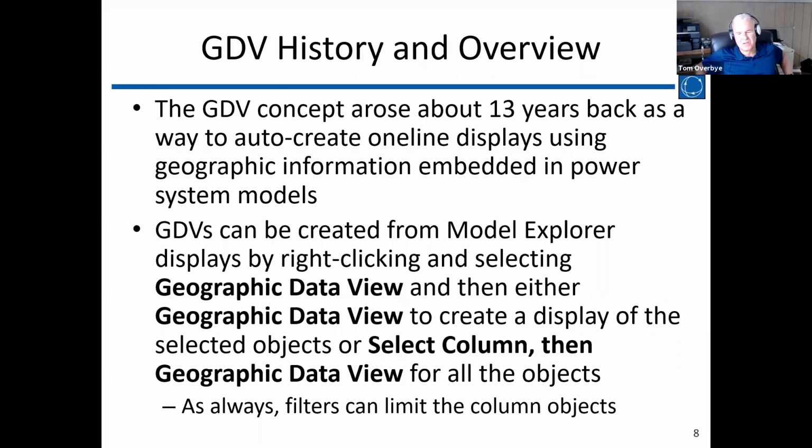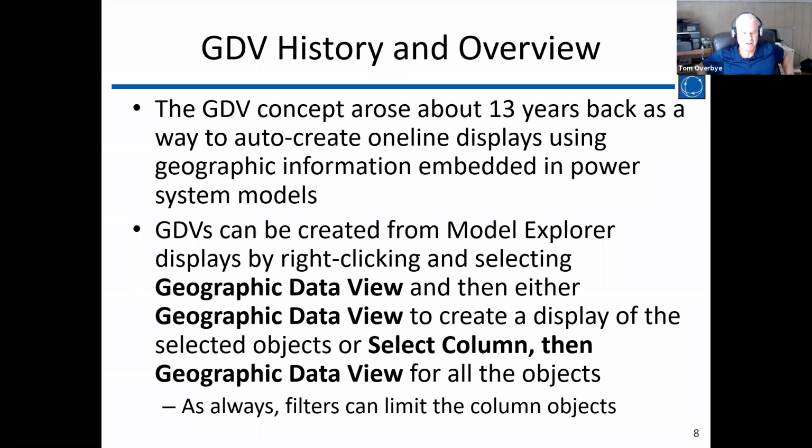GDVs arose about 13 years ago, and the reason we created them is I was analyzing these grids, and at that time, PowerWorld already had geographic information embedded in the power flow. So we had buses mapped to substations, and we had geocoordinates on the substation. And I was thinking, can't we leverage this to show what we're looking at?